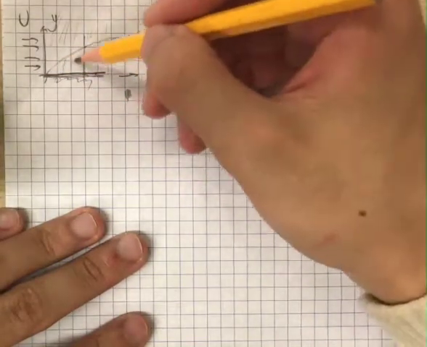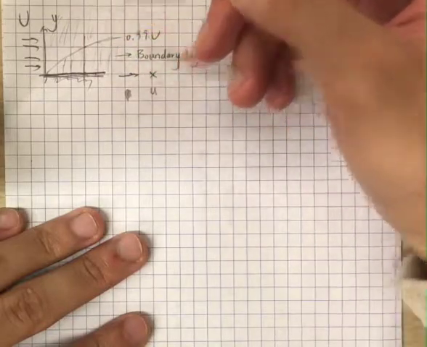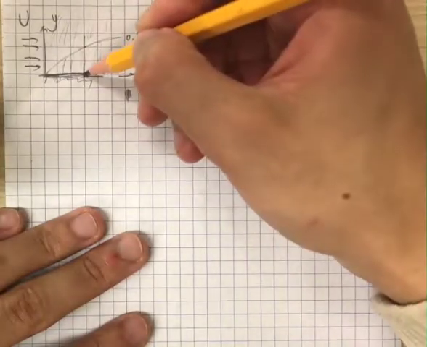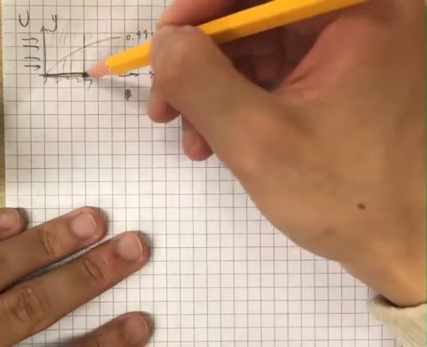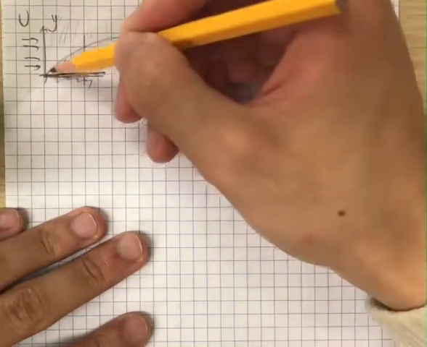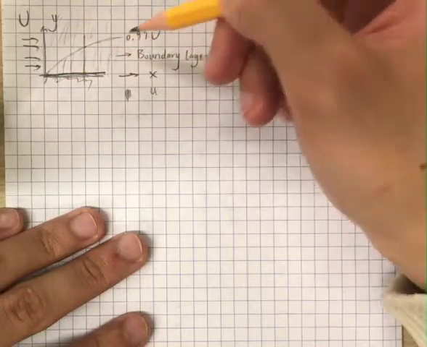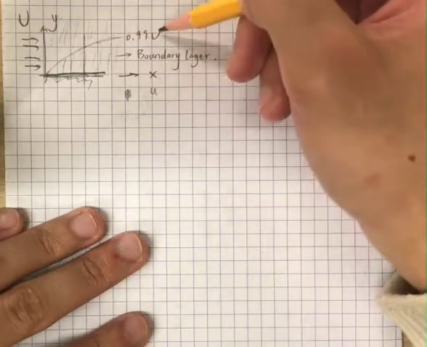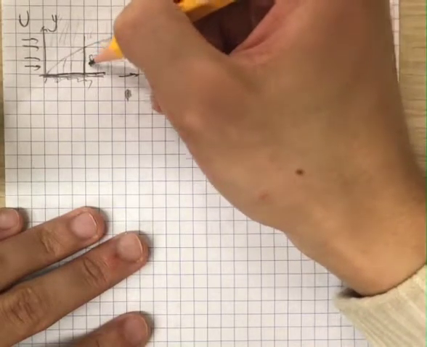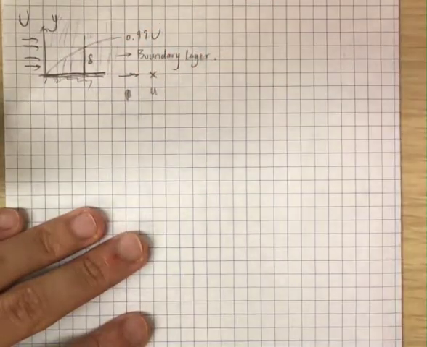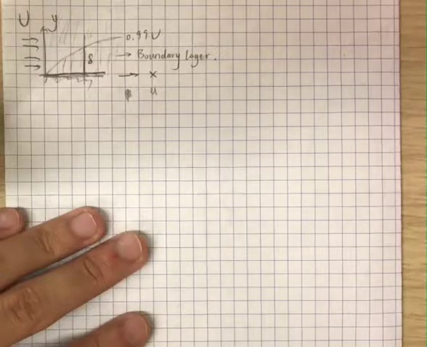Okay, so here we have the boundary layer. For every x coordinate, the distance from y equals 0 at our boundary to the upper surface where we reach the 99% of u line, we call this distance delta, which is the thickness of the boundary layer.